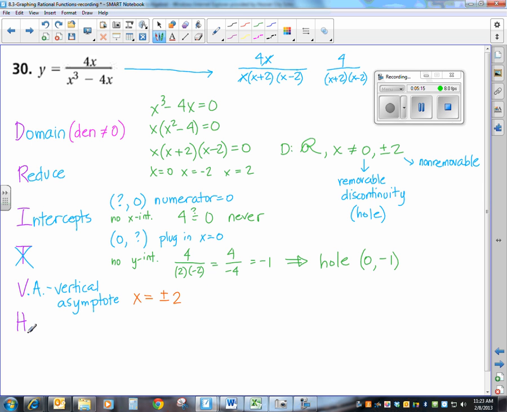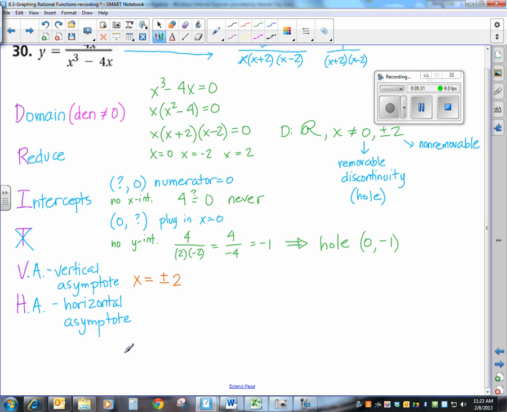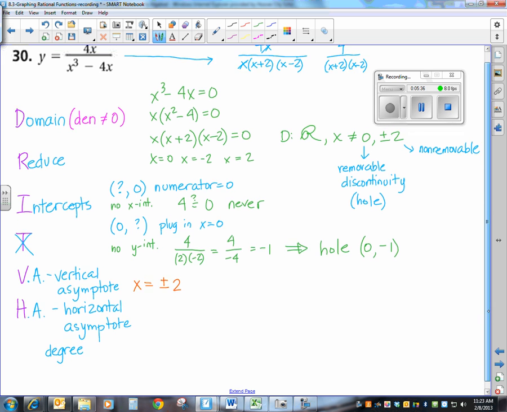So I'm sure you can figure out that H is the HA, or my horizontal asymptotes. Okay, and remember, to find our horizontal asymptotes, we're always looking at the degree. So go back and look at the degree.